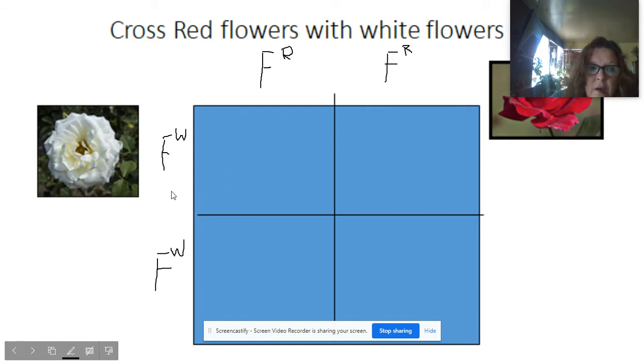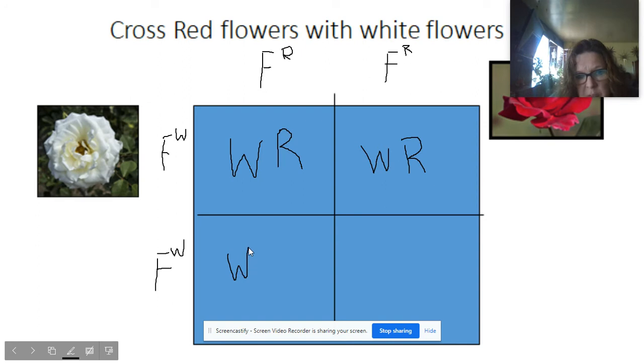So now this flower here is going to get a W from this one and an R from this one. And the same is going to happen here. You're going to get a W from this white flower and an R from this one when these are crossed. And you can probably see that everything's going to be the same here and here as well.